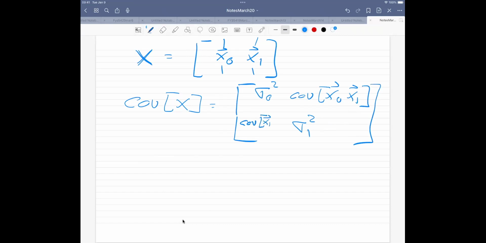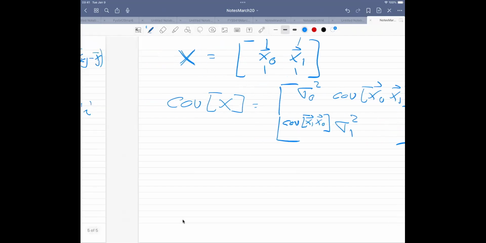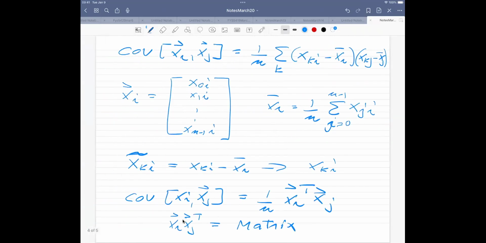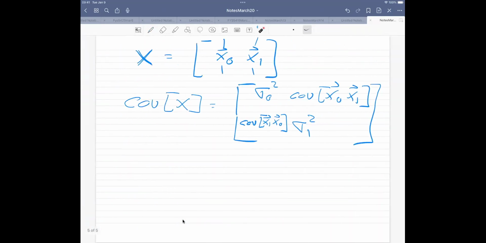So whether I write this one first with x1 or x0, it's exactly the same element. And you can see that if you go back to the definition here. So it doesn't matter whether you have xj or xi first. So this is a symmetric matrix. Now then you can build up a bigger matrix if you have more components.